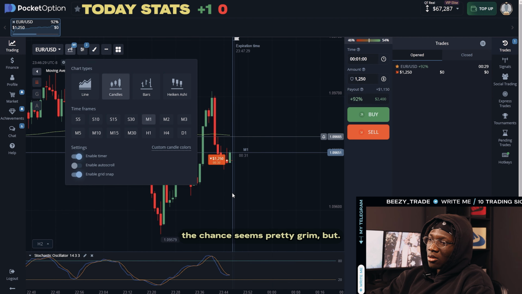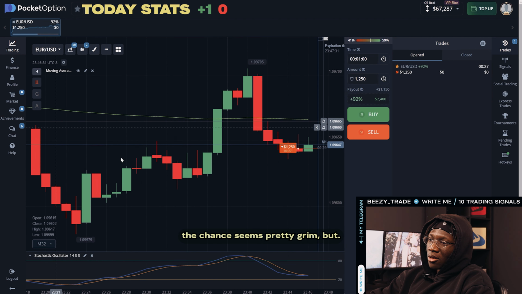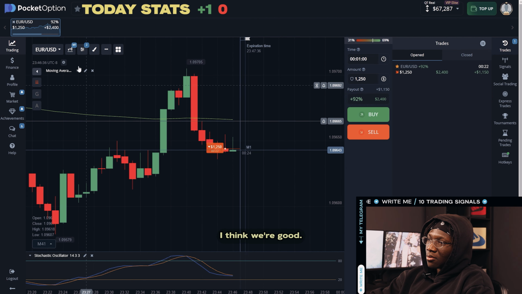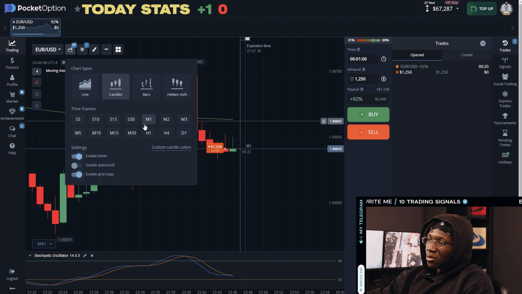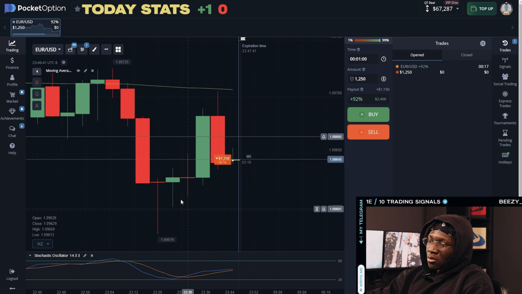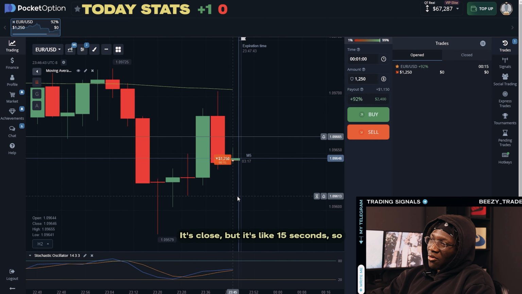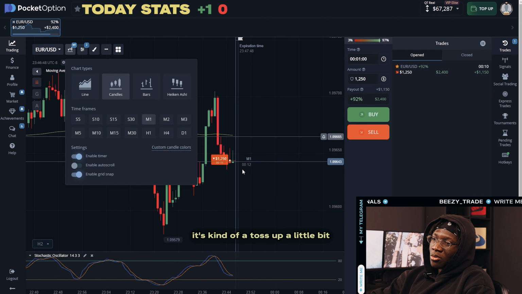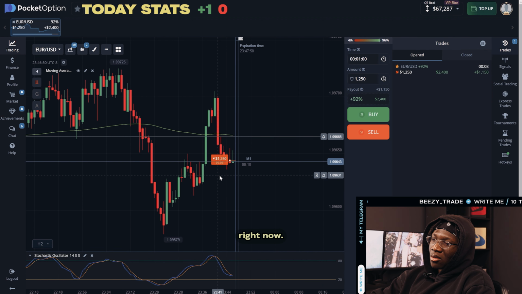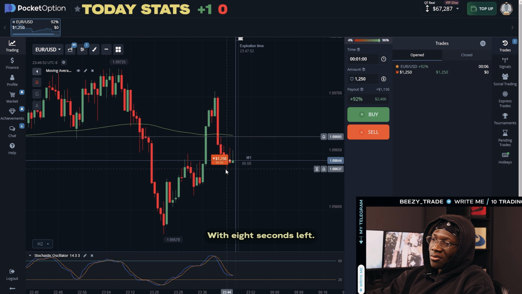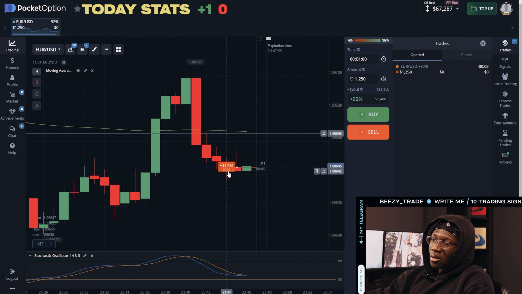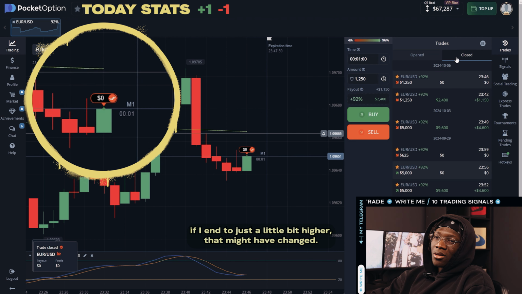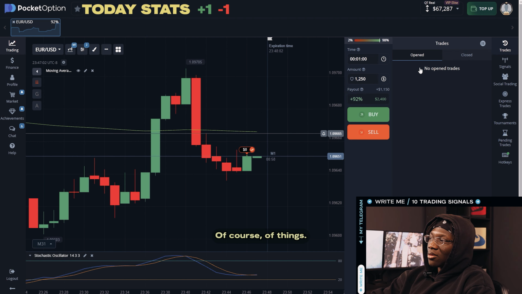That chance seems pretty grim, but I think we're good. It's close, but it's like 15 seconds. So it's kind of a toss up right now with 8 seconds left. If I had entered just a little bit higher, that might have changed the course of things.